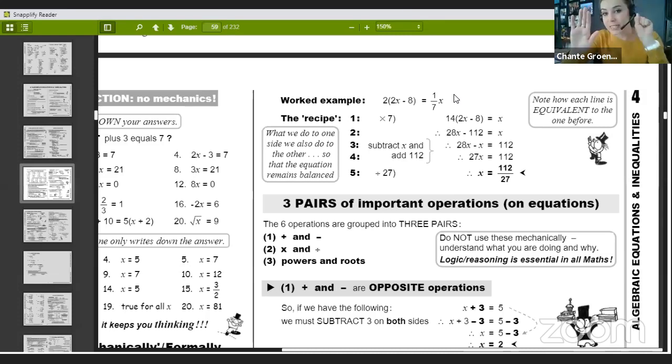I have to do the exact same on this side. So can you see there the recipe at 1? That's why they times the x by 7. They do it on this side as well as on that side. You could write 1x, that won't be a problem. It's just that the one in front of the x is like a ghost. Remember that we said yesterday?